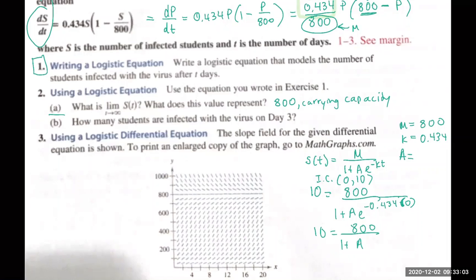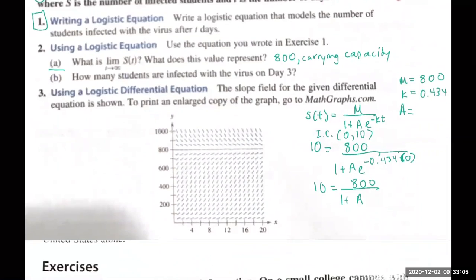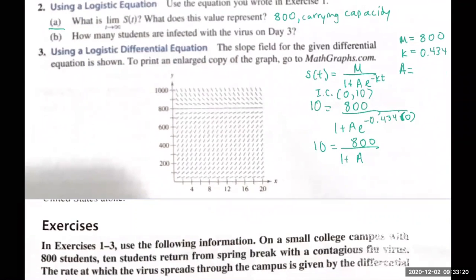So can you solve for A for me? It should be a nice clean value. Cross multiply. Good. Type it into the chat once you get it.